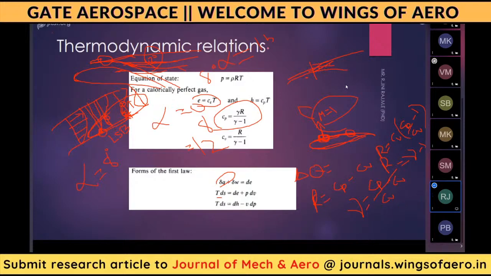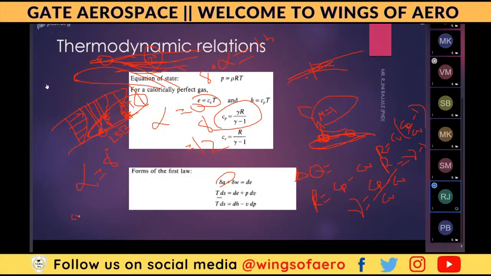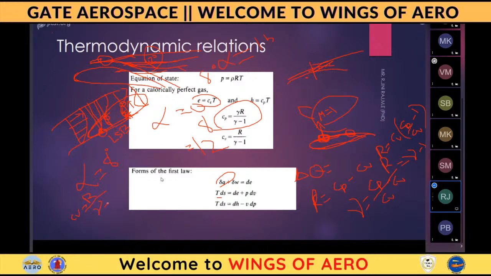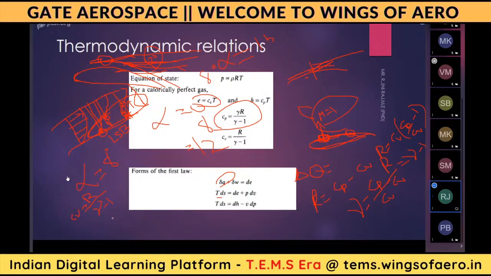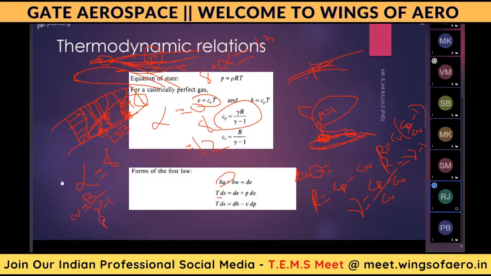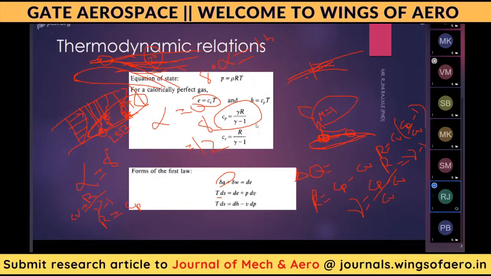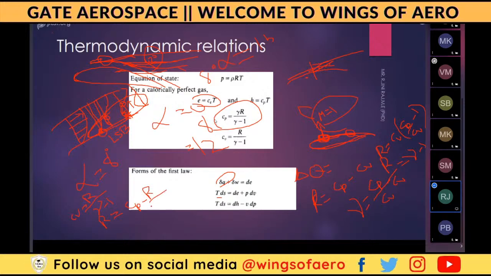From that, cv equal to R divided by gamma minus 1. We know R equal to cp minus cv, so substitute the value for cv. Therefore R equal to cp minus R divided by gamma minus 1.